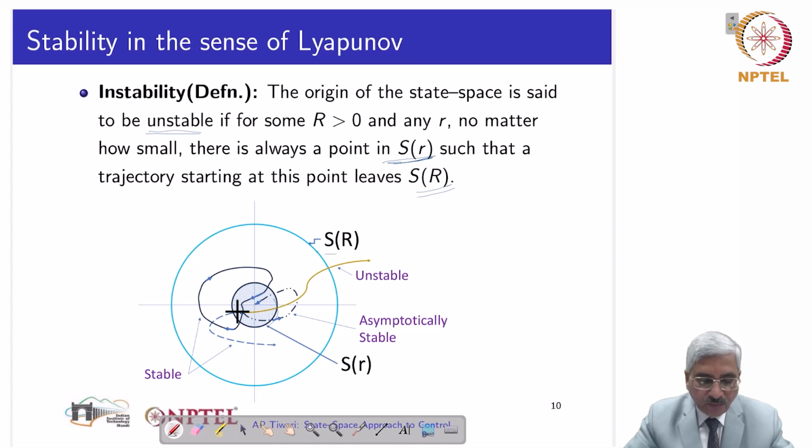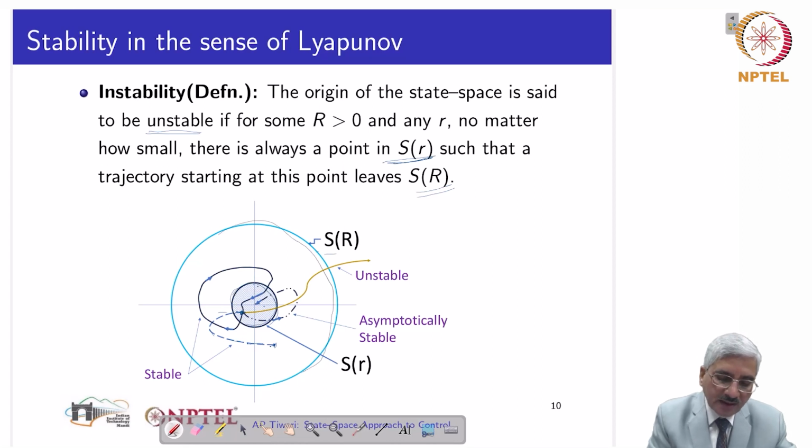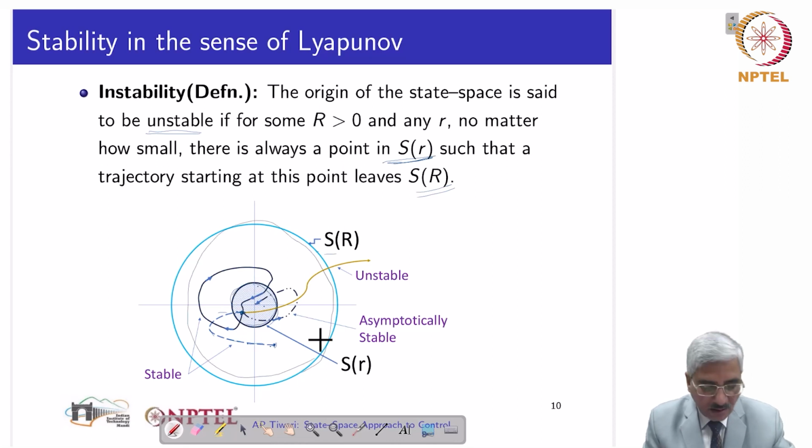So we see there are four trajectories. One trajectory is this dashed one. It starts here and it comes here at t tending to infinity. So this is a stable trajectory. Why? Because the solution started in S(r), and it did not go outside S(R). So it is a stable trajectory.